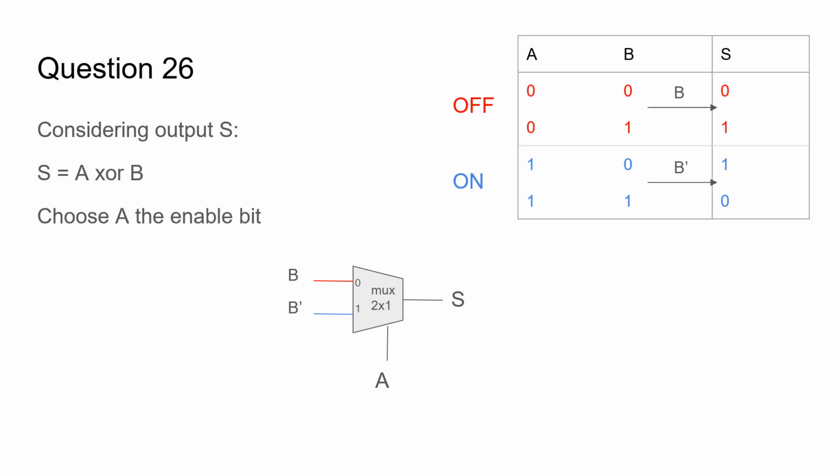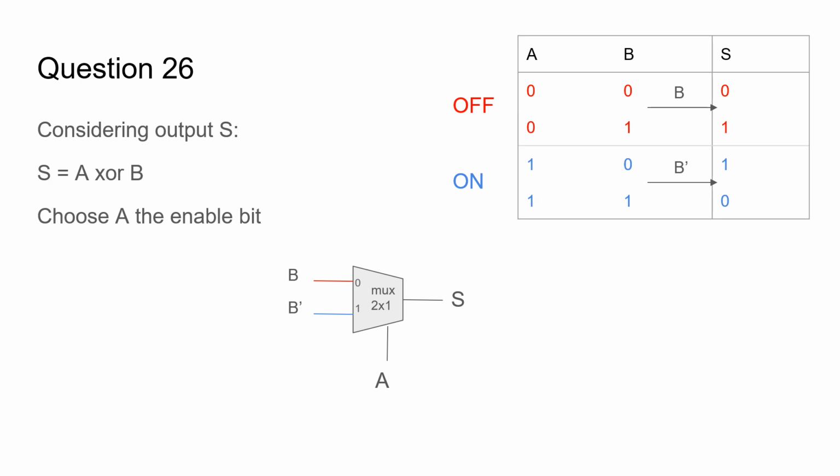As I mentioned, S is A exclusive or B, so if we choose A as the enable bit, then we must not choose B. So for the multiplexer for sum at place 1, we have to write B prime.